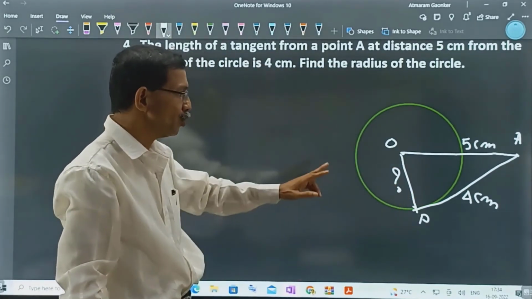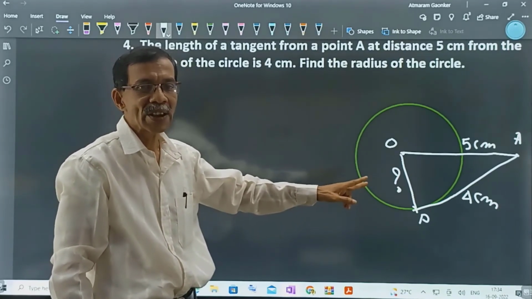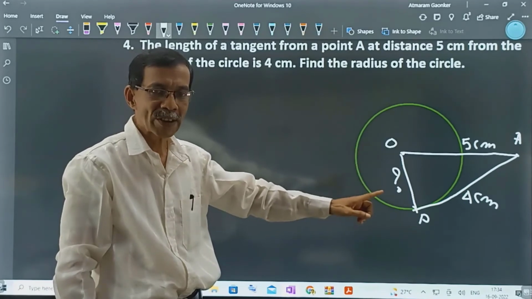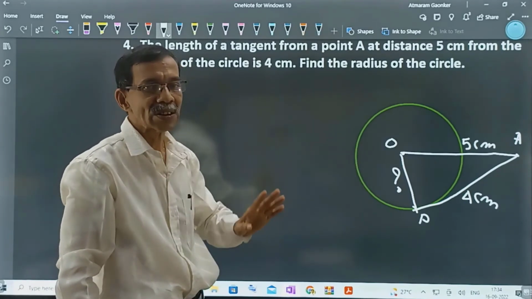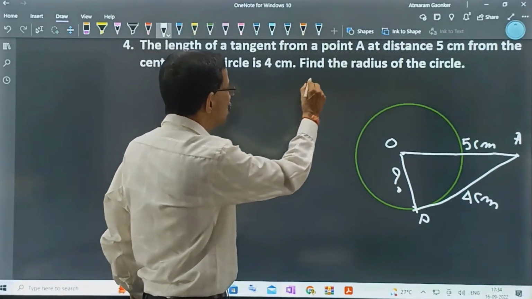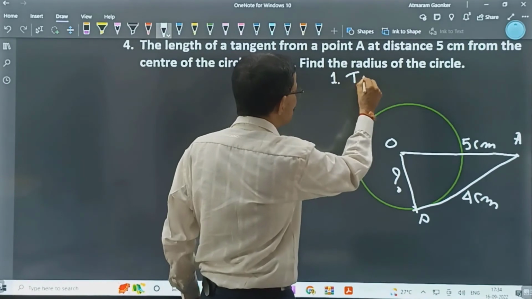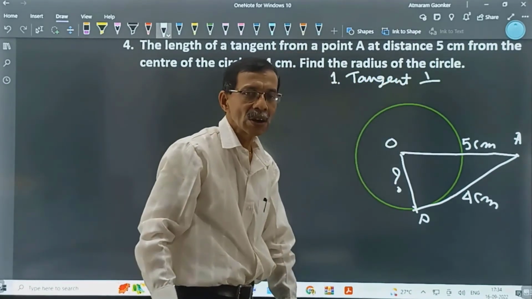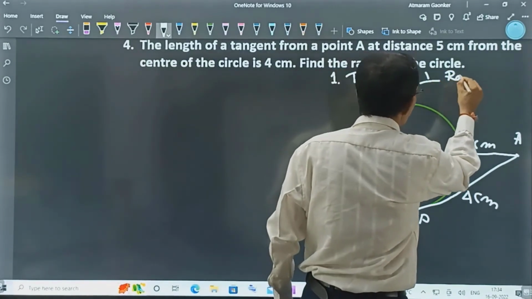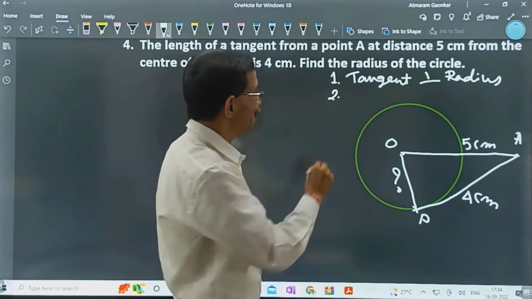So here also you require two concepts. First concept is that the tangent and the radius are perpendicular. Second concept is Pythagoras theorem. So I will write down. Number one you require is tangent is perpendicular to the radius. The second concept you require is Pythagoras theorem.